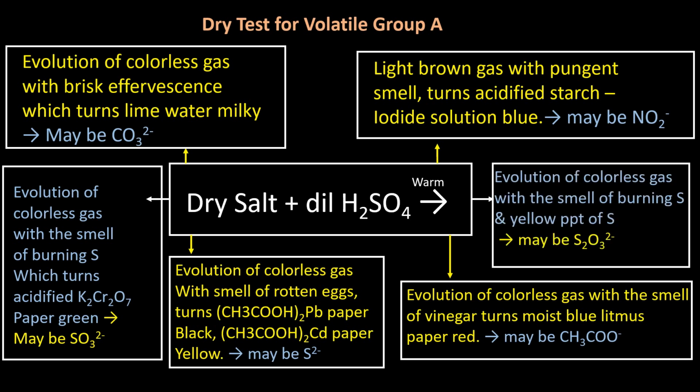And if we get the evolution of colorless gas with the smell of burning sulfur and a yellow precipitate, or colloidal precipitate of sulfur, is also formed, then it may be thiosulfate.